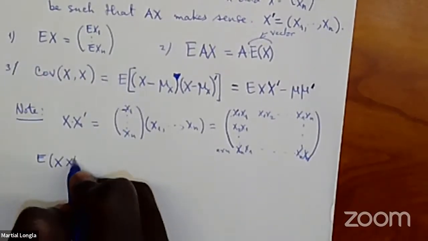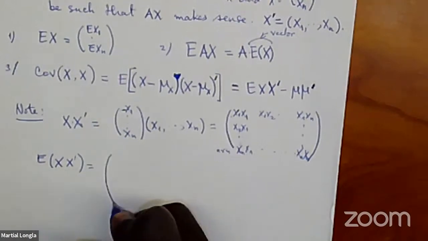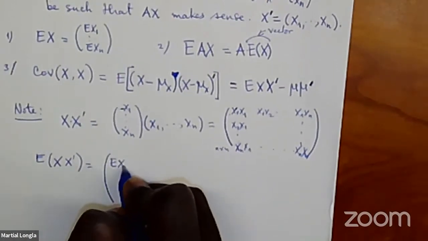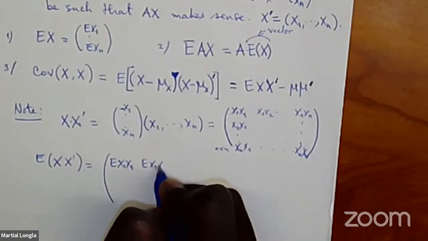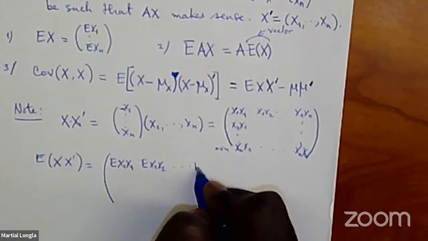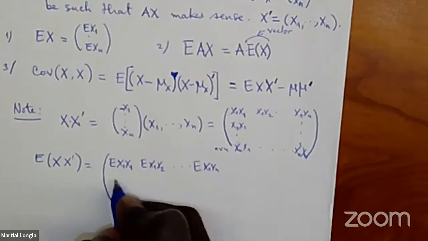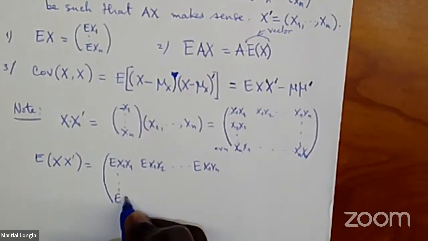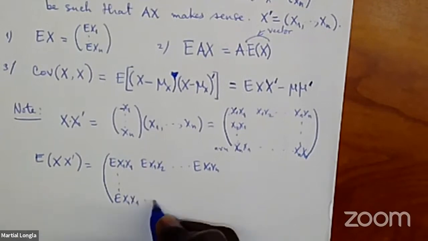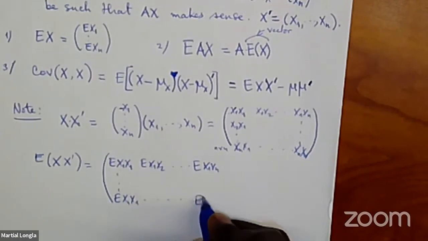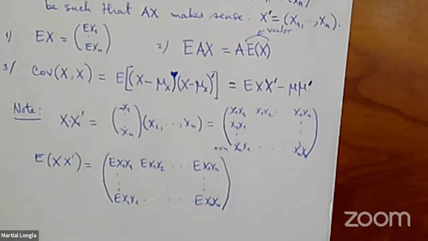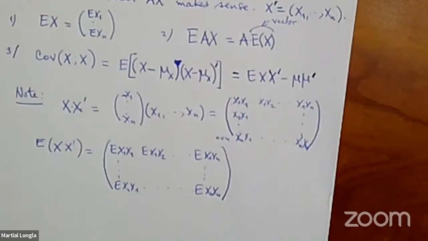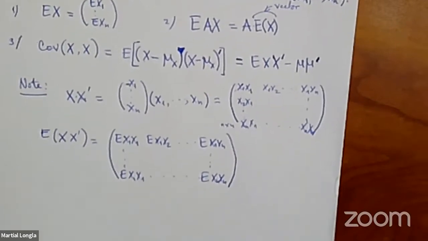So the expected value of X X transpose is therefore the expected value of x1x1, expected value of x1x2, expected value of x1xn, down to expected value of xnx1. So that's how you take the expected value of a matrix. You take the expected value of each of the entries and you form the matrix out of that.